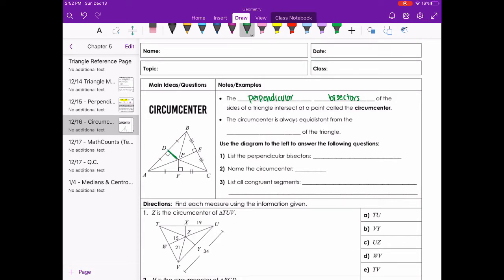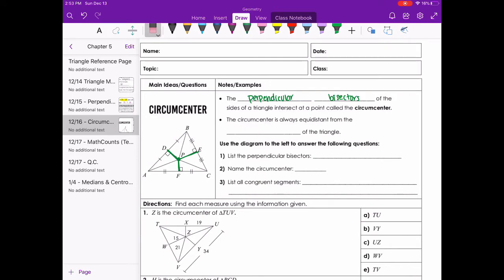D is the midpoint. It goes exactly perpendicularly. I have PE doing the same thing here and PF doing the same thing here. So the point where they intersect at the center is called the circumcenter.